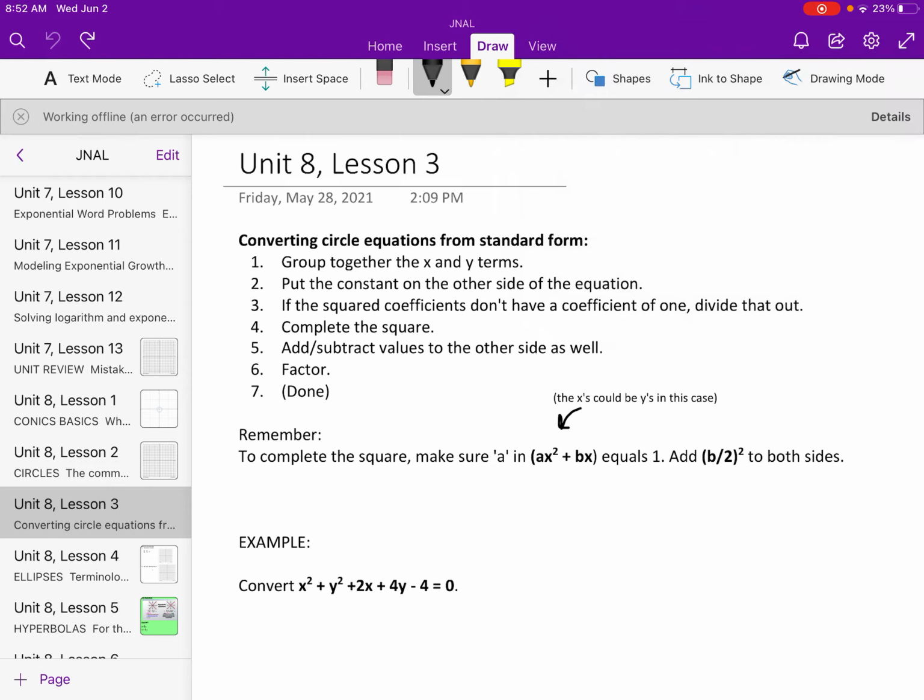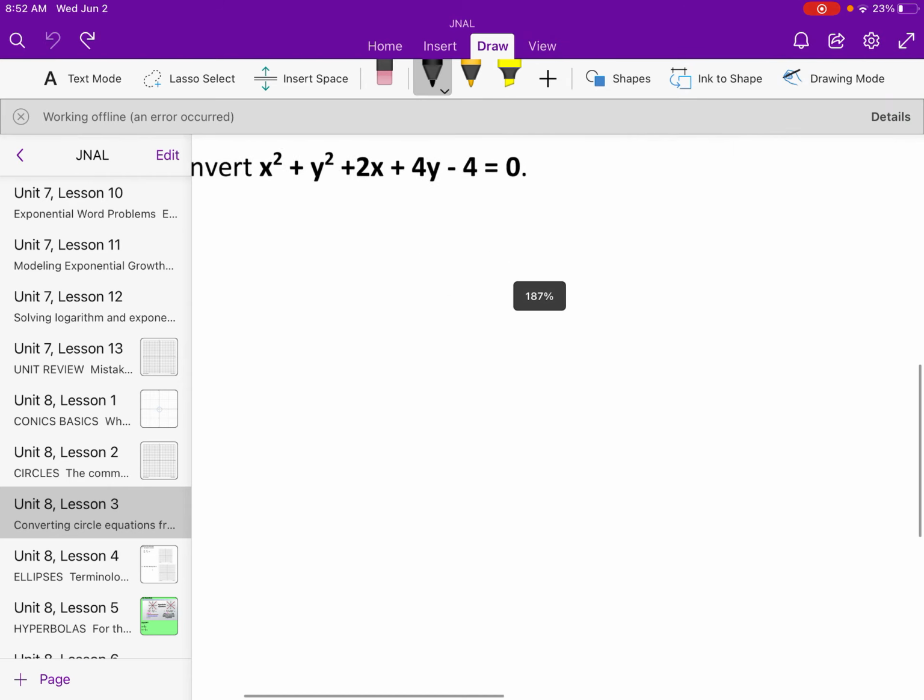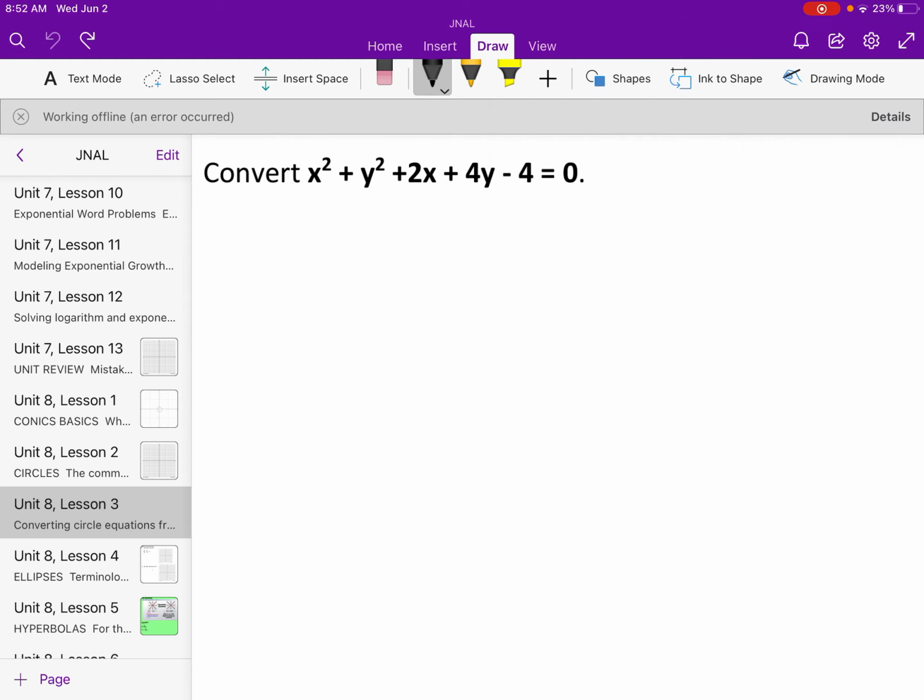So let's do that with this one. So we need to put this in the right form. Of course, there wouldn't be any coefficients that aren't 1 on this, because that's not what a circle is. But when we get into ellipses and hyperbolas, we may have a different story.